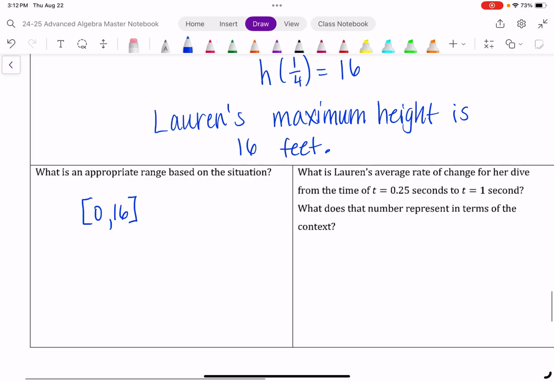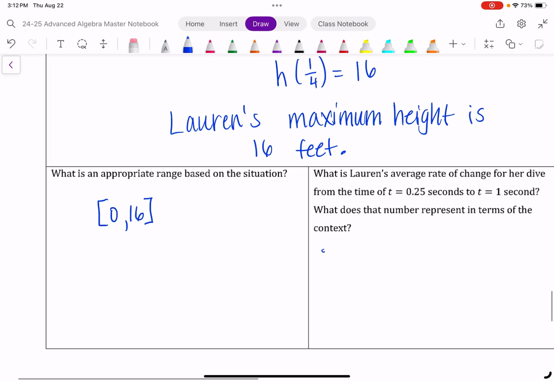And what does this represent? So we know 0.25 is the same thing as 1/4. We have (1/4, 16), and then we have to figure out what 1 is.